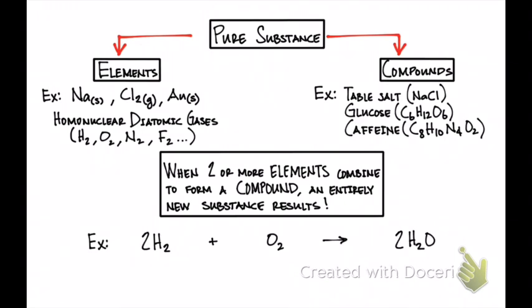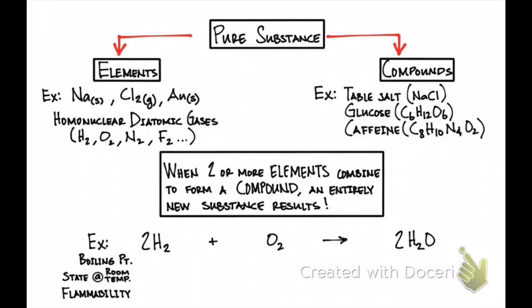So for example, if you look at hydrogen gas reacting with oxygen gas, you get a completely new substance, water, H2O. And they're different because they have very different physical and chemical properties. So for example, if you look at boiling point, their physical state, right, solid, liquid, or gas, and also their flammability, which is an example of a chemical property.